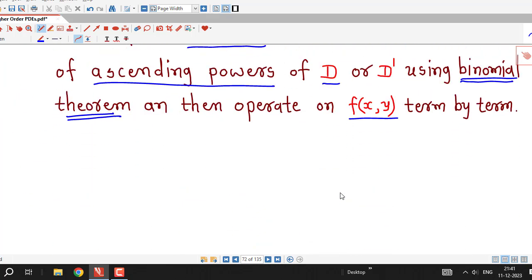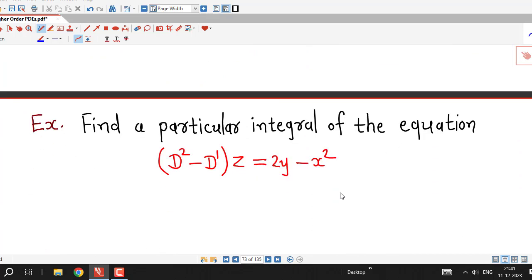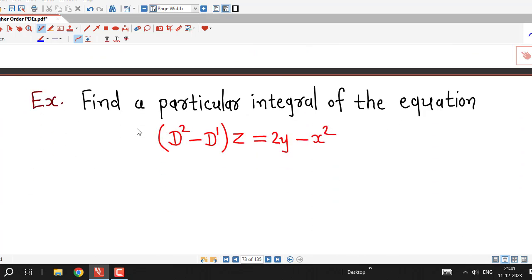Now we understand how this method works. Here I have taken one example. Find a particular integral of this non-homogeneous equation in which the function on the right hand side is a polynomial function in x and y. We can see that each term of this function is in powers of x and y.